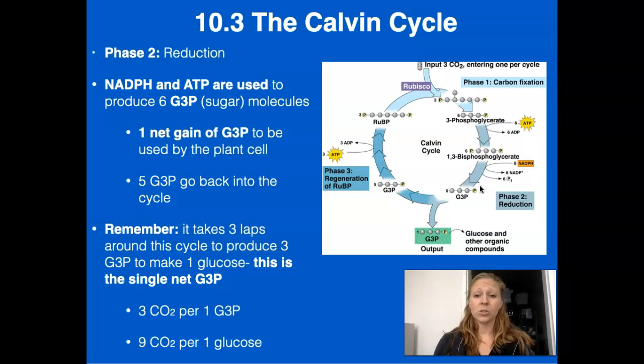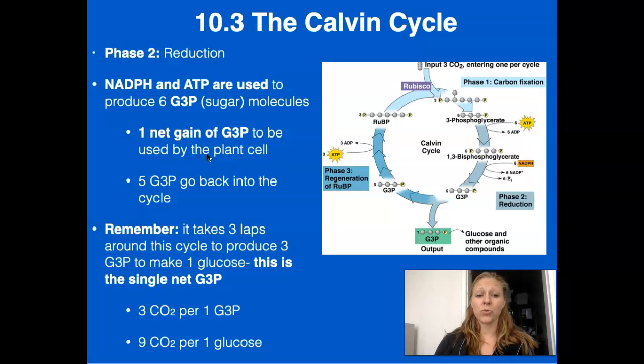However, here's the surprising part, there's a net gain in this overall set of reactions of just 1 G3P. 5 of those G3P molecules go back into the cycle to refuel it, to restock it. And so 1 net G3P per lap around the cycle.